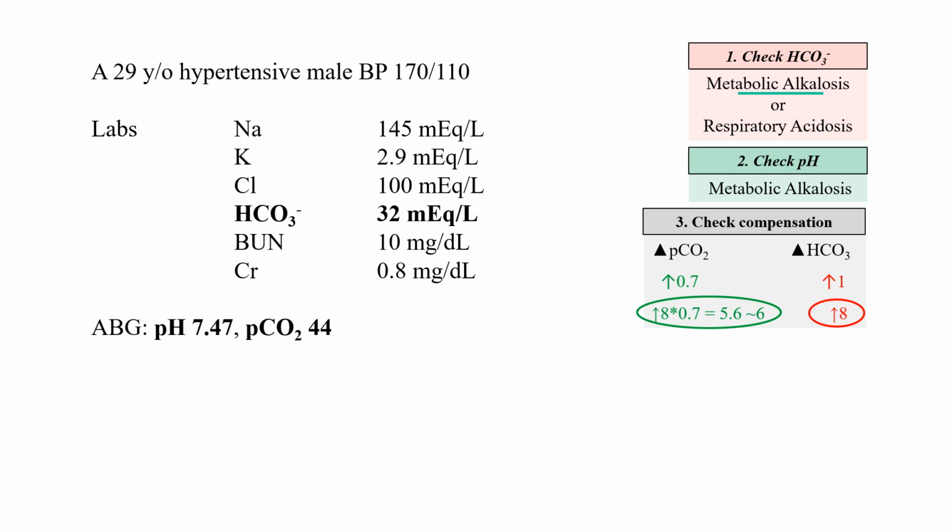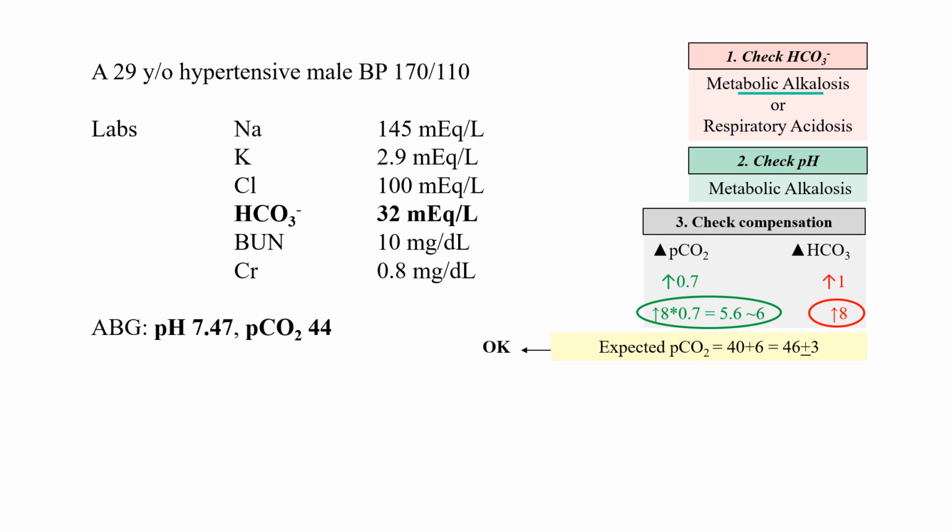The expected PCO2 is therefore 40 plus 6, or 46 plus or minus 3. Comparing the expected PCO2 to actual PCO2 of 44. 44 is within 46 plus or minus 3, so we are good here.